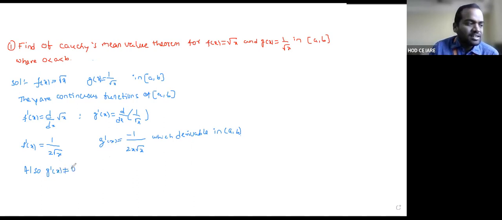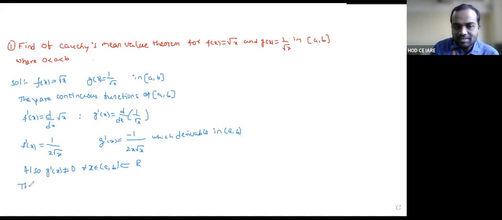The third condition also holds for every x belonging to the open interval of a comma b, a subset of the real numbers. So the conditions of Cauchy's mean value theorem are satisfied.